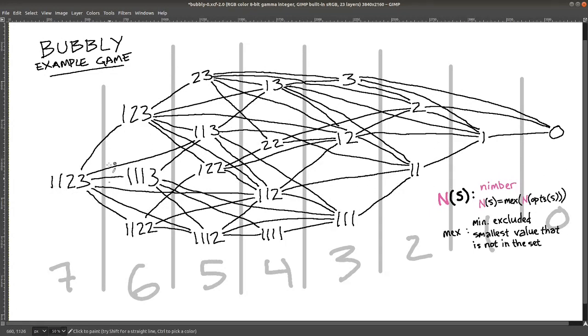And I don't know if you remember, but I said that this is equivalent to a game of Nim, where you have stacks of size 1, 1, 2, and 3, and you can pull as many as you want from a single stack. If you'd rather think of it in terms of the bubbles, that's fine too. It's equivalent. But remember that this can't represent every bubbly game, only the ones where you have some set of concentric circles.